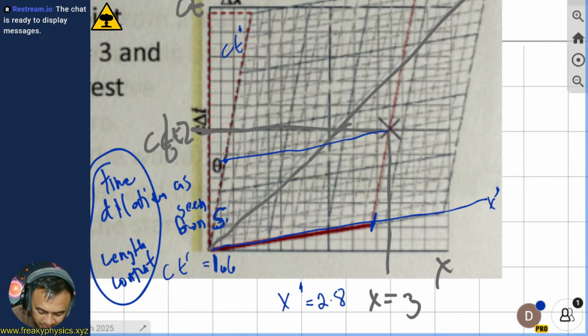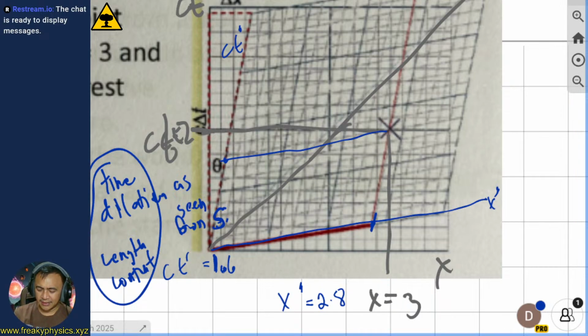So what does this mean? This basically means if S observes this from their reference frame, it's going to take 2 and 3 respectively for CT and x. But if they're stationary and our object is moving at this speed, whatever the speed is, then S will observe CT equals 1.6 and x equals 2.8.